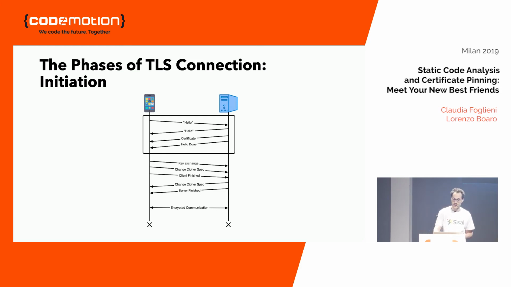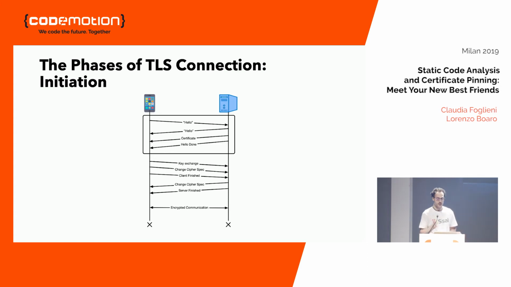Let's see initiation. The client starts a connection with the server. Along with the first message, the client also sends to the server the TLS versions it supports, 1.2, 1.3, and so on, and also the cipher suites, so a set of algorithms that can be used for encryption, decryption, and also to generate the keys.